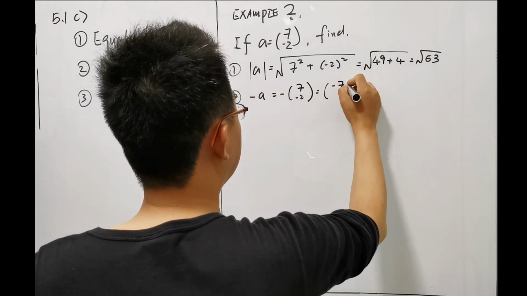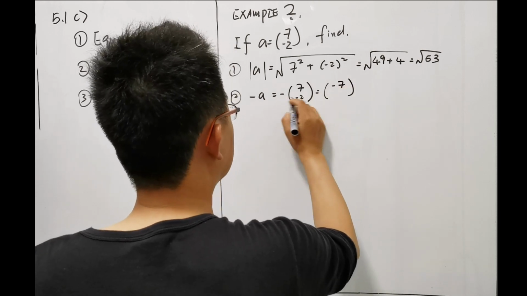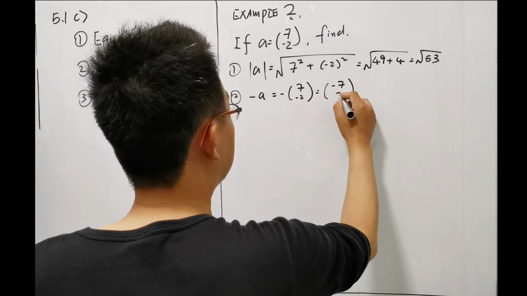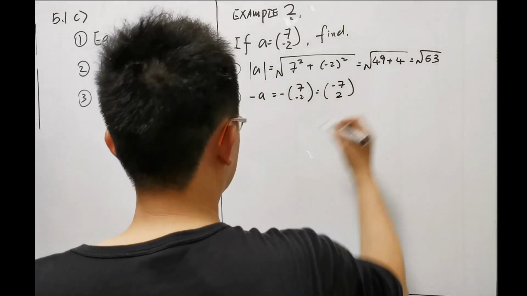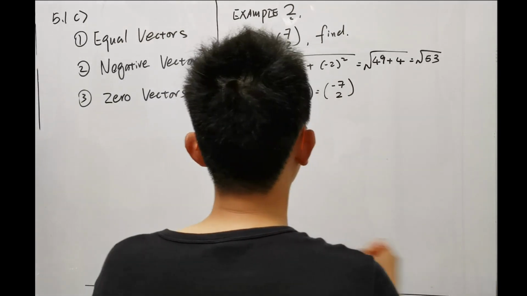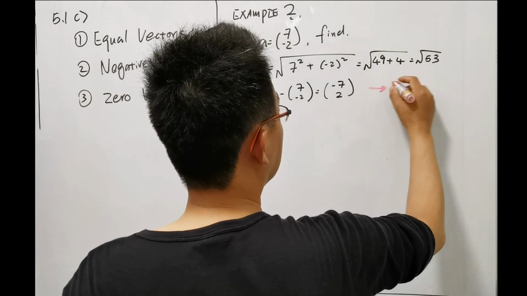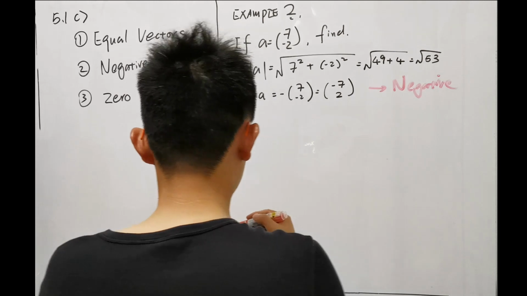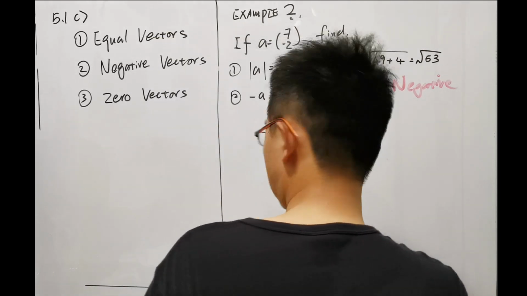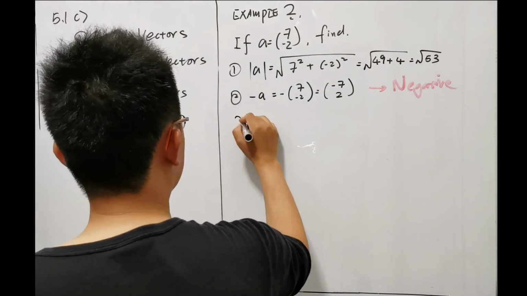So it's minus 7, and here, because both minuses, it becomes 2. So this is looking for the negative vector. Okay, negative vector. Let's move on to the next one.